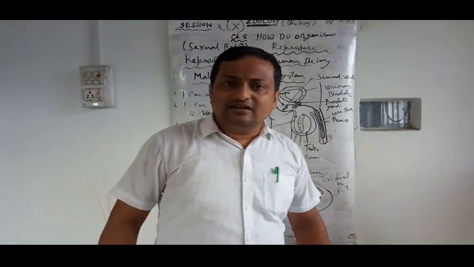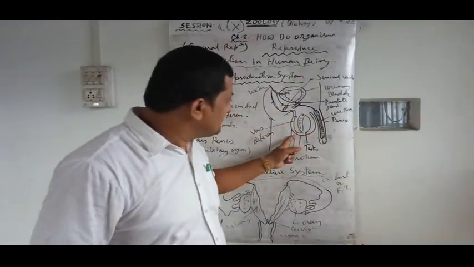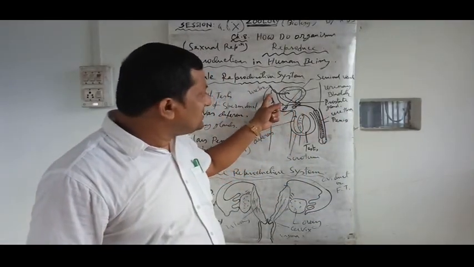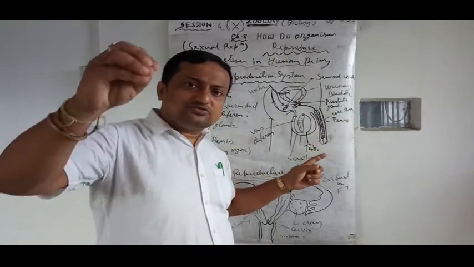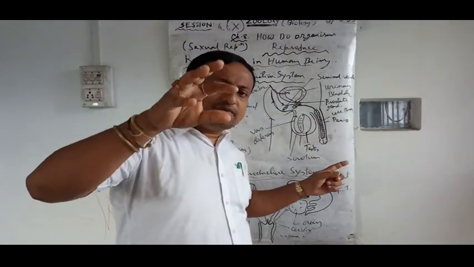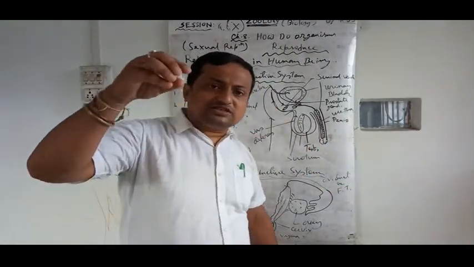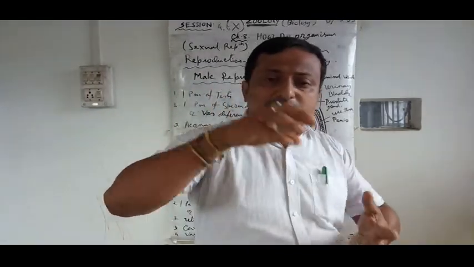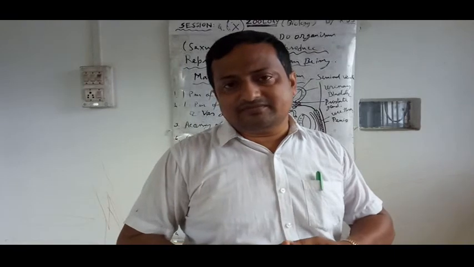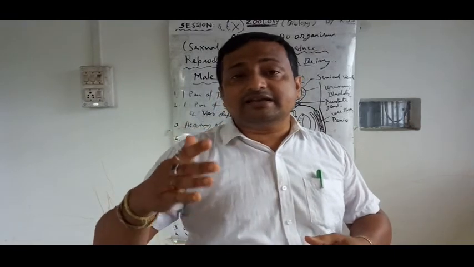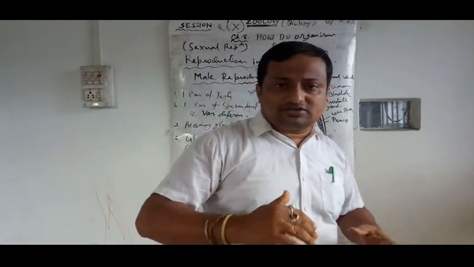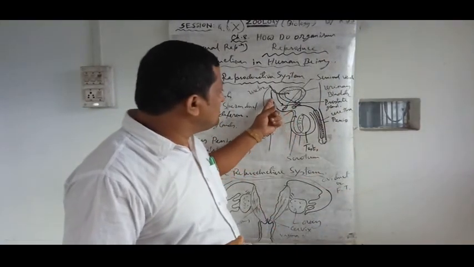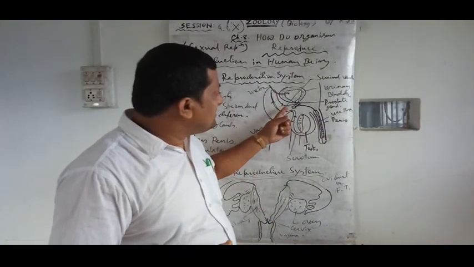The seminal vesicle secretes nutrients, because the sperm should survive and need some nutrients and a medium. So these glands secrete juices in which the sperm can survive. The sperm with these juices is called semen, which is released by the male at the time of sexual maturity.